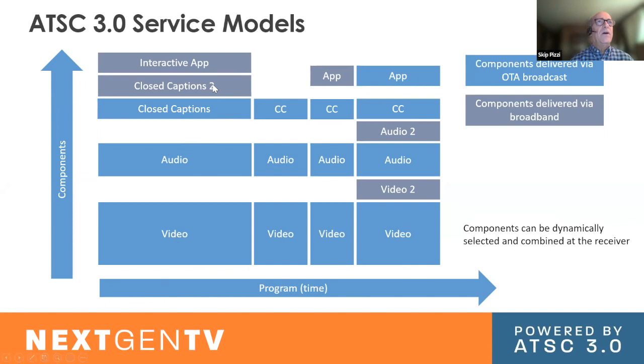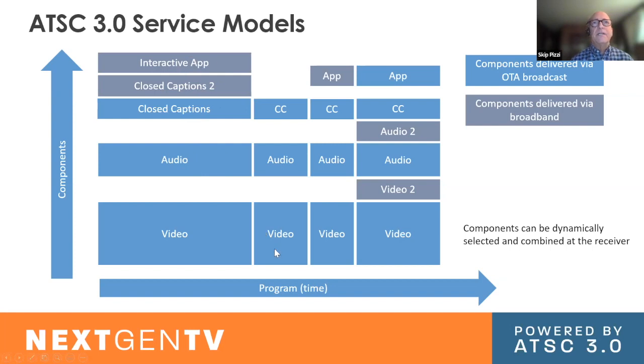And then online, the broadcaster is also sending a second closed caption service in a different language, let's say, and an interactive app. And those are delivered by broadband. So folks that don't have their broadband connected still get their basic watch TV stuff. But those who do have the internet connected to their set get these additional features as well.